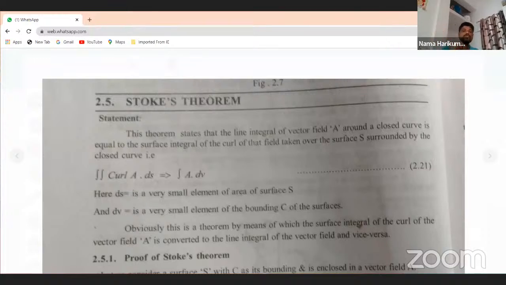In that equation just put the curl value. So our equation is double integration curl A dot dS equal to double integration of curl A dS cos theta. That is equation number 3. It is clear? Curl value you can add in both sides.